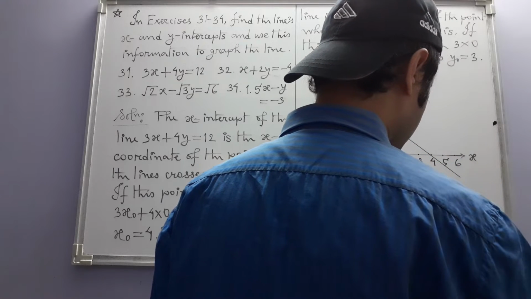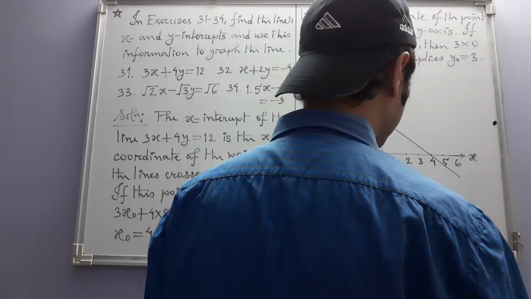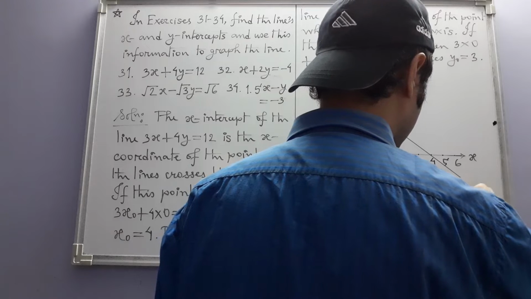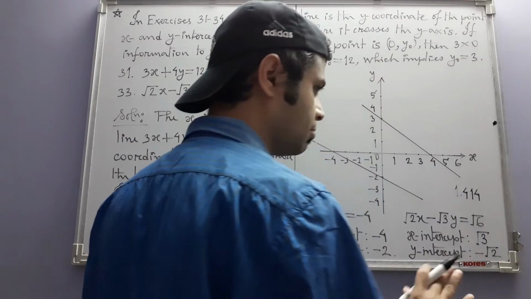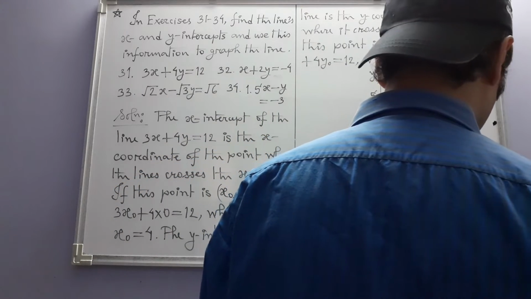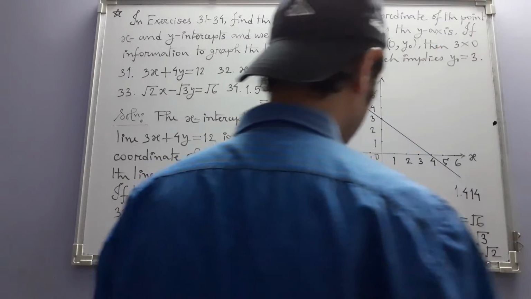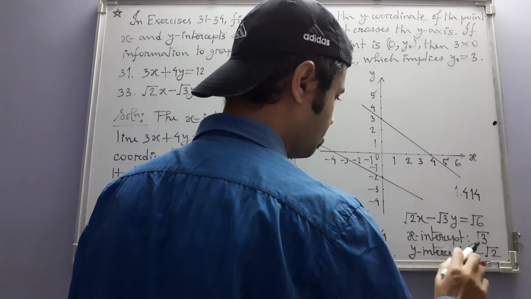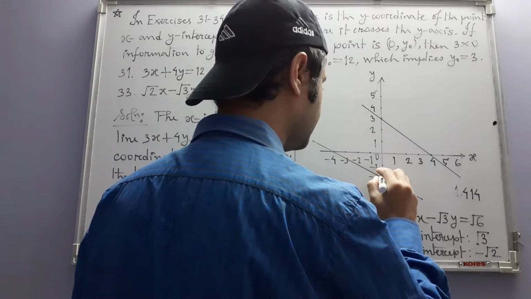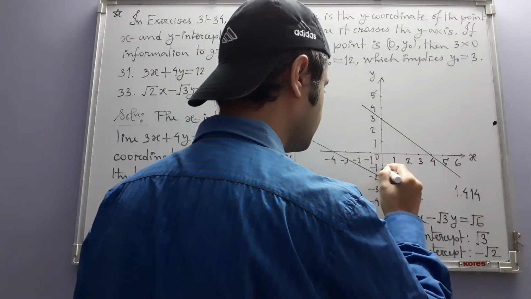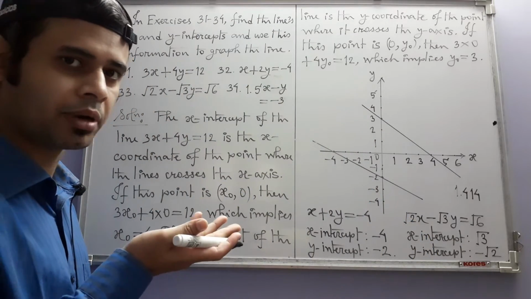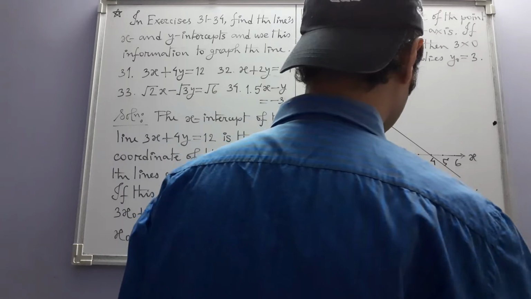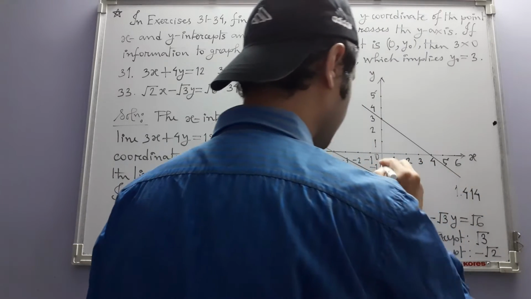Square root of 2 is approximately 1.414, etc. So minus square root of 2 will lie here somewhere, a little below minus 1 and above minus 2. So that is the y-intercept.